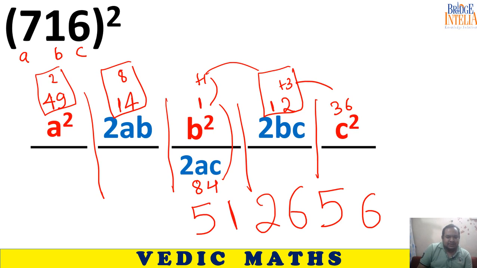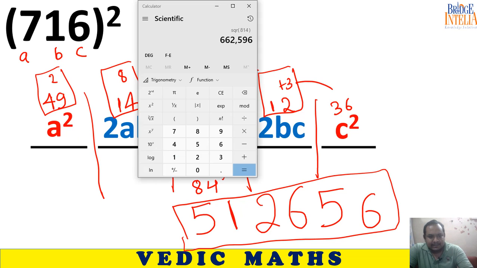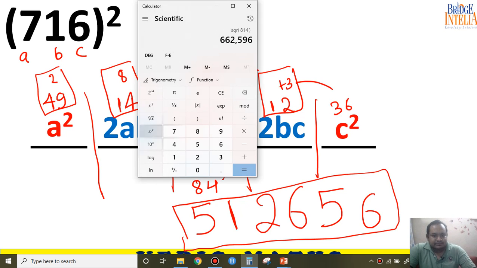So I write 51 here. So final answer should be 512656. So let's see. So question is 716 whole square. So yes, it is 512656.